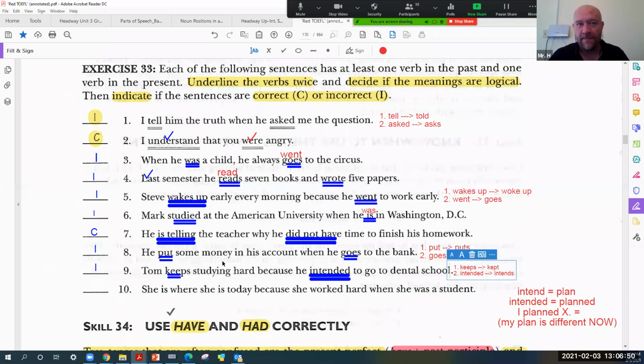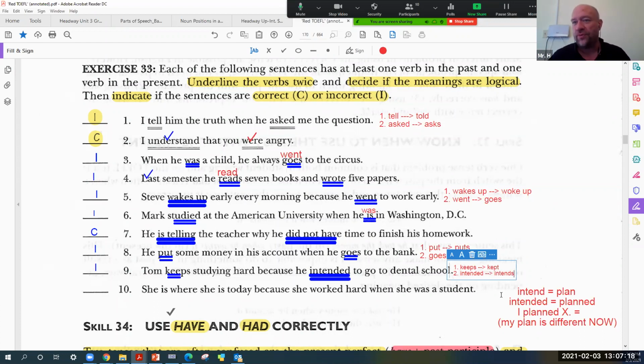Guys, look at that. Tom keeps studying means he continues to study. Why? He intends or he plans to go to dental school. Or put both of them in the past, right? He continued, he kept studying. Why? Because he intended to go.